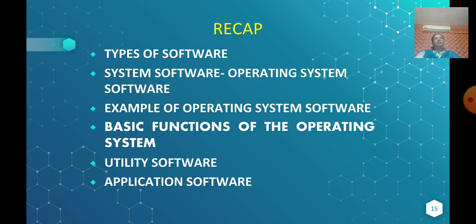For example, DBMS, database management system, MS Word, Oracle, and MS PowerPoint, MS Excel, calendar, calculator. You can say Firefox, Safari, Google Chrome, Skype, these are all application software. Yes children, we will stop this session.